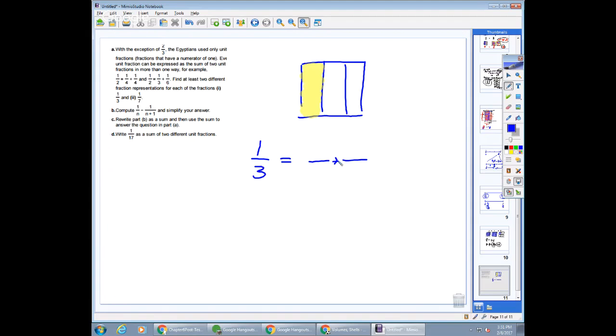So that means we're going to have to break this up into smaller pieces. I could maybe try cutting it in half and see if that helps. If I cut it in half, I've just represented it as 2/6 here. So couldn't I then take this guy, which is 1/6, and that guy, which is 1/6?